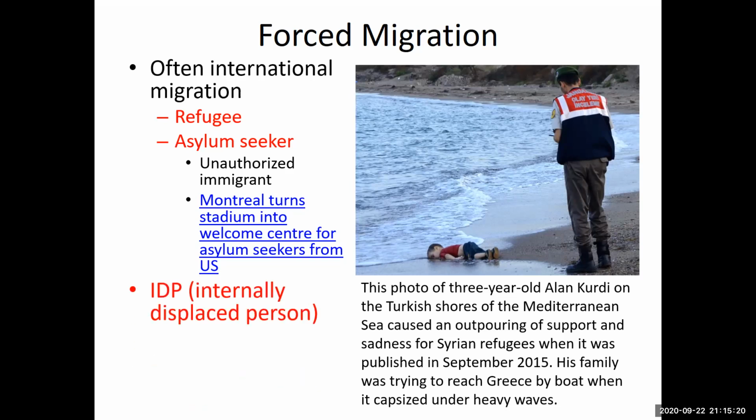Final thing to talk about, internally displaced people, I've already mentioned, are people who are forced to migrate but stay within their own country. You may be able to think of an example in the US of people who are internally displaced within our own country. For example, people that are victims of the fires in California have moved from wherever their home was to somewhere else, a parking lot in Walmart, relatives' home.